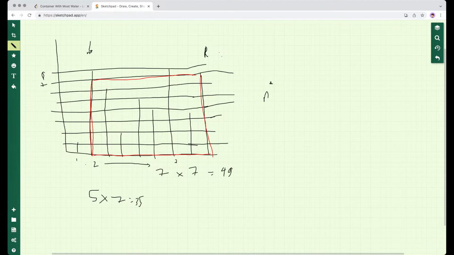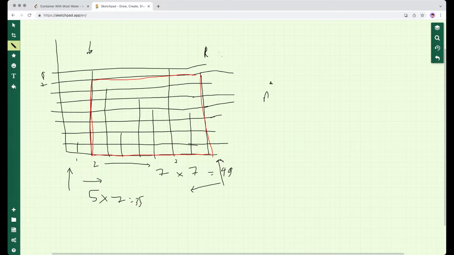So technically you can have a pointer from the left and a pointer from the right, L and R. Then you try to squeeze the pointers, squeeze the left, squeeze the right, while you're calculating the maximum area. So when do you squeeze left and right is the question.